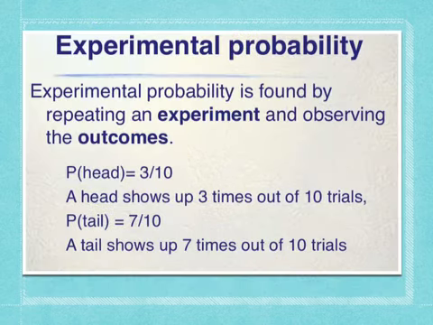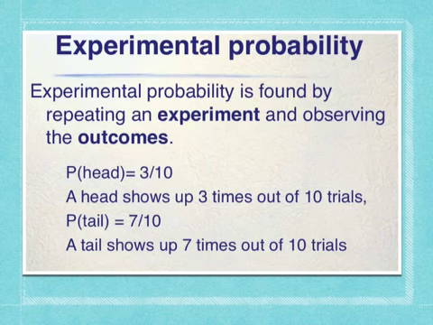So again, with experimental probability, if we physically toss a coin 10 times, and 3 of those 10 times it lands on heads, 7 of those 10 times it lands on tails, our probability of heads is 3 out of 10, where the probability of tails is 7 out of 10. We can look at experimental probability to make predictions on what we would expect to happen out of maybe 100 tosses.